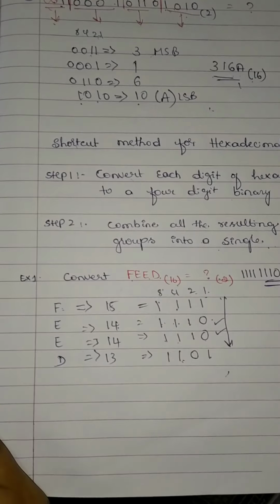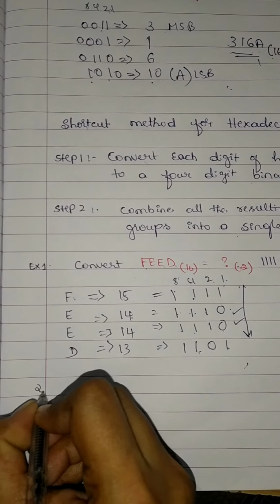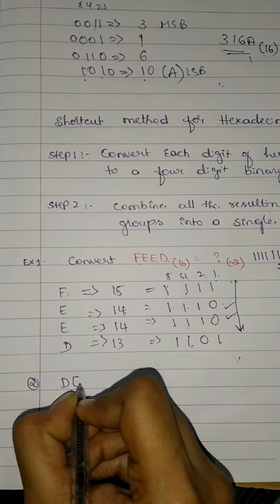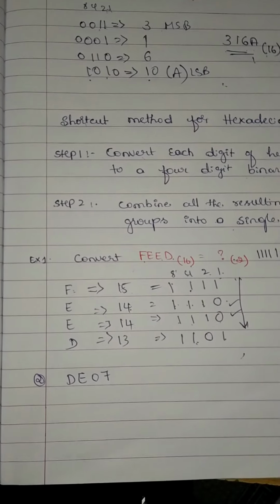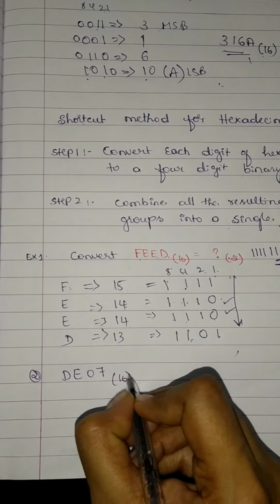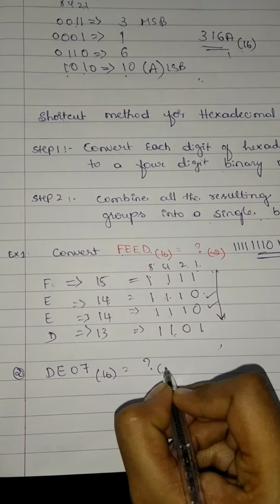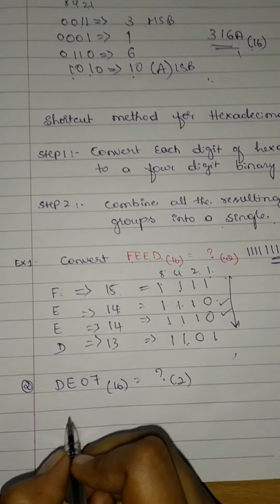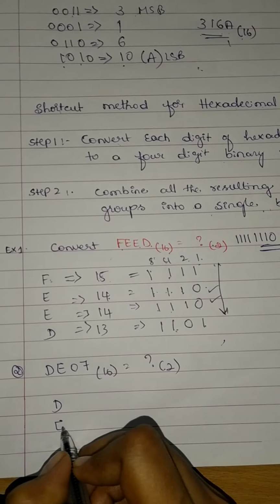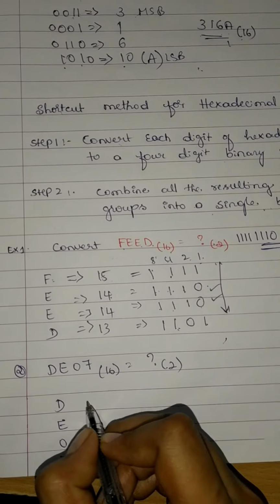Now I want to convert another number, DE07. This is hexadecimal and needs to be converted into binary. First we write DE07.